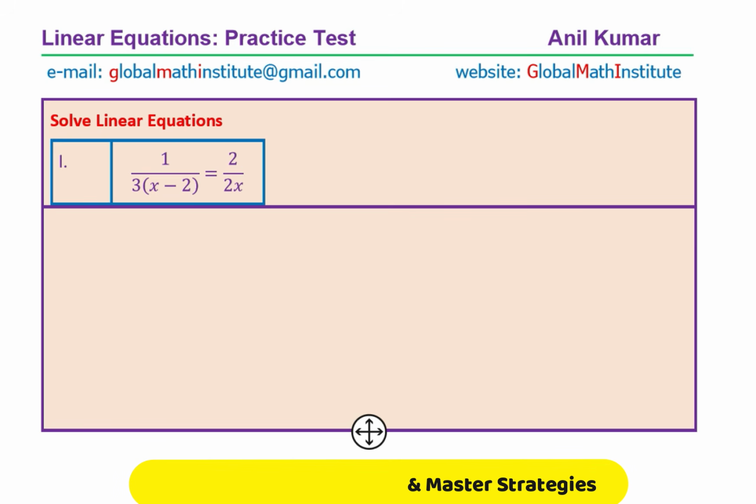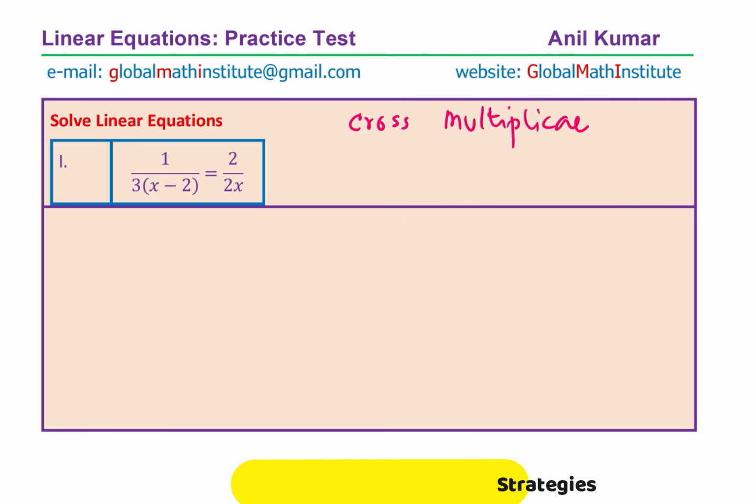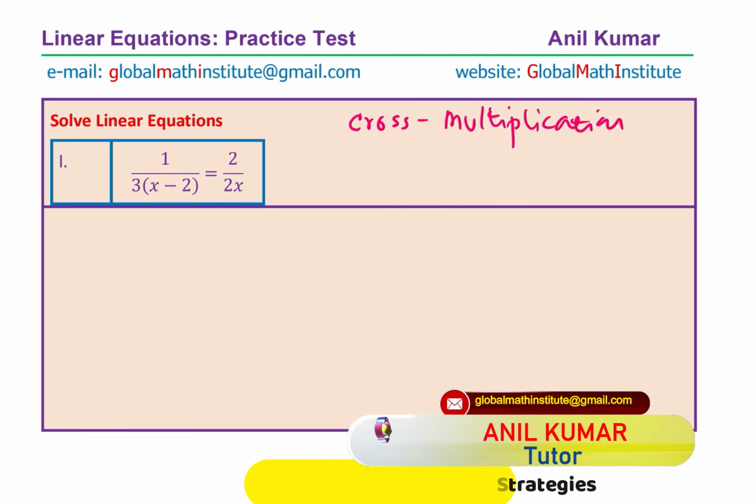The last one here is for you to test out the strategies learned. But I'll also introduce one more strategy here, and the strategy which I'm going to introduce is cross multiplication. Clearly, we have a proportion kind of a statement, right?